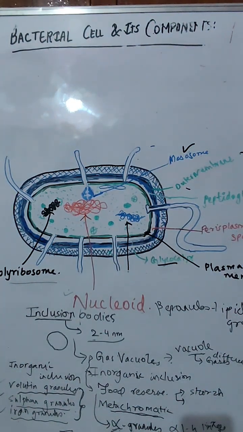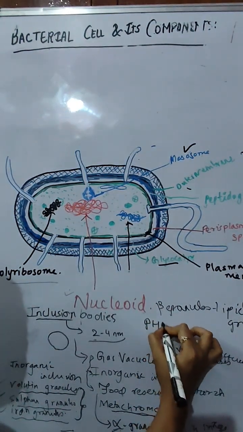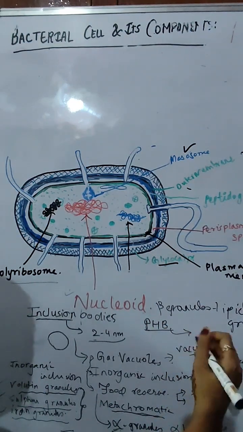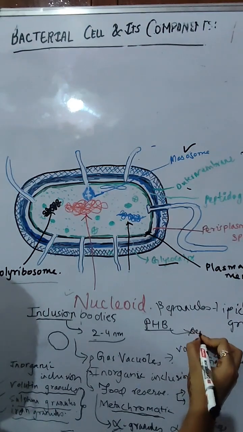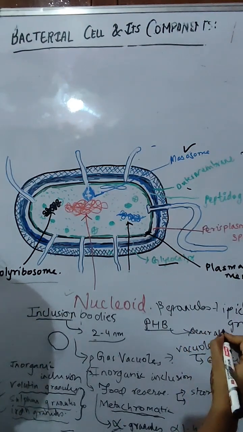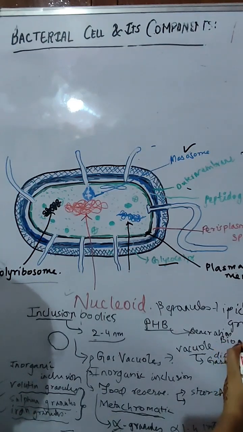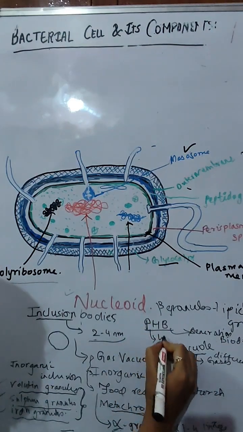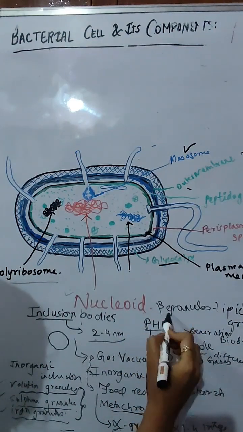This polyhydroxy butyrate is generally used for the production of biodegradable plastic, plastic which can degrade easily in the ecosystem. It is beta hydroxy butyrate. So these are actually lipid granules.